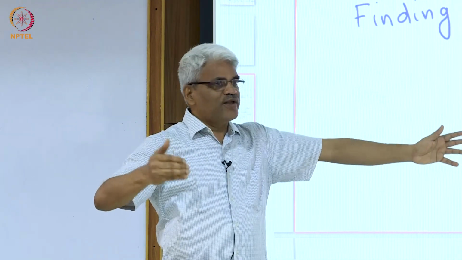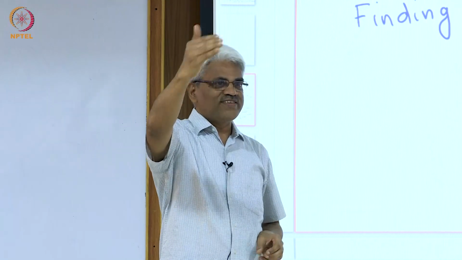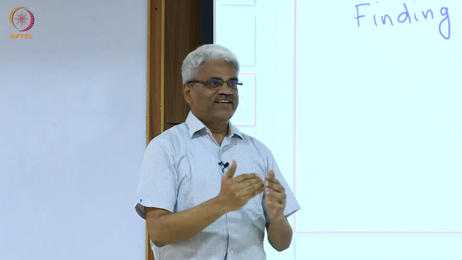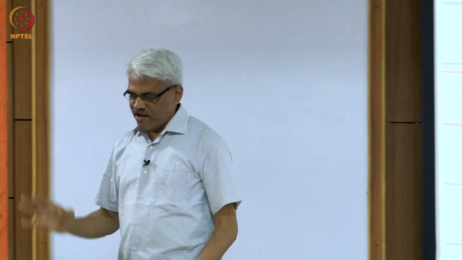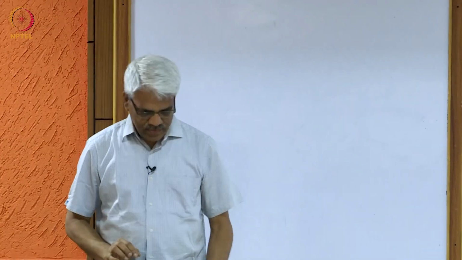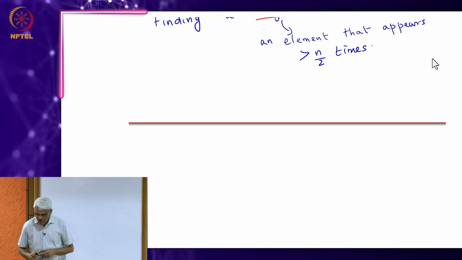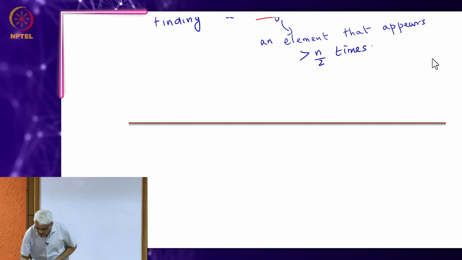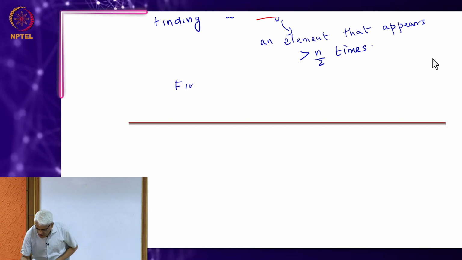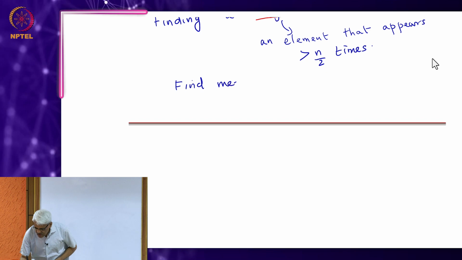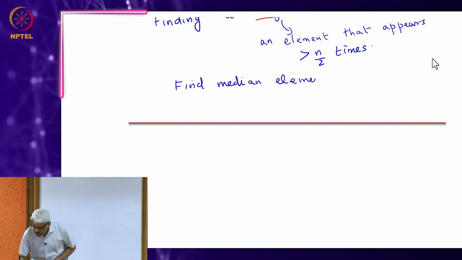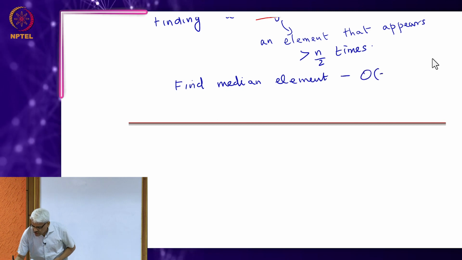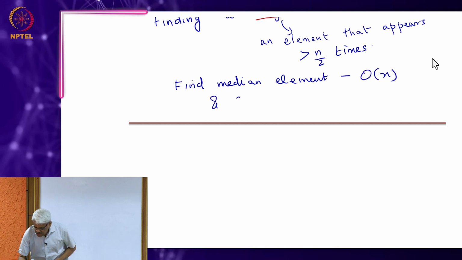We started with n square with a lot of space, n square with small space, n log n. Now we have a linear time algorithm. Now I'm going to tell you a very clever, very simple linear time algorithm. Let me write down the linear time algorithm: find the median element, so that's order n, and check its frequency.